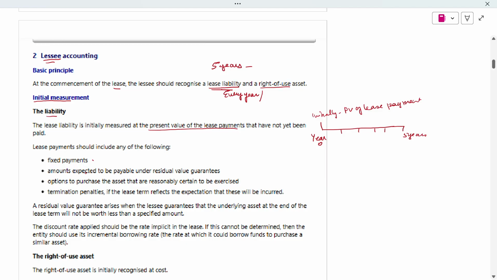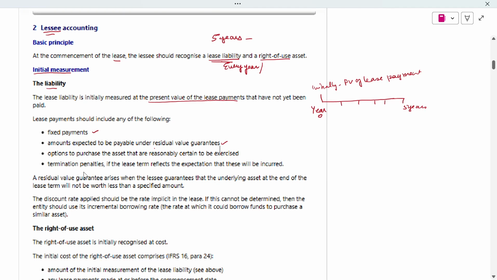What are the lease payments? They include fixed payments, amounts expected to be payable, and any residual value guarantees, anything we have to pay at the end of the lease. Is there an option to purchase the asset that is reasonably certain to be exercised? You may say that at the end of the lease you will purchase the asset.